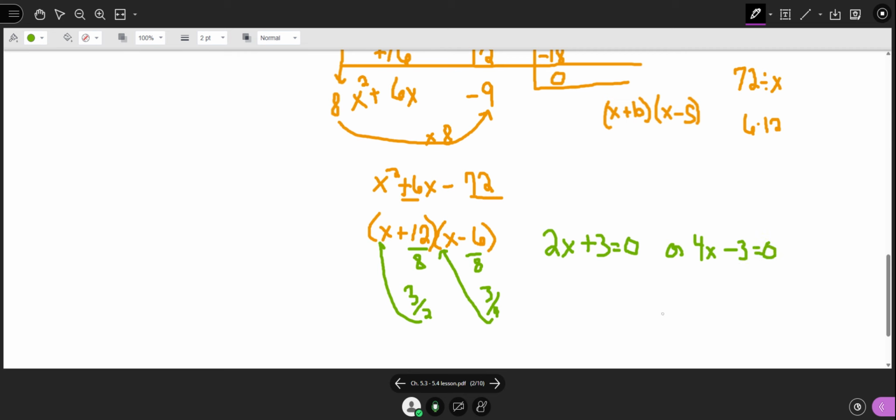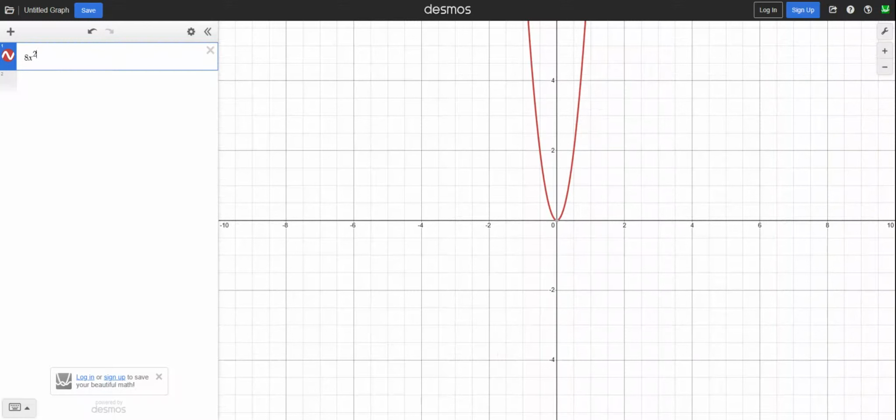Now, I could do it that way. The other way is Desmos. 8x squared plus 6x minus 9. Share this tab. Okay, got it.